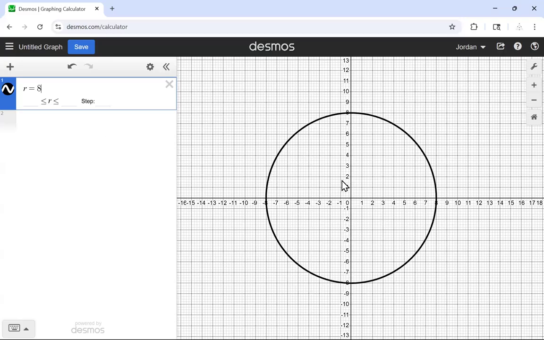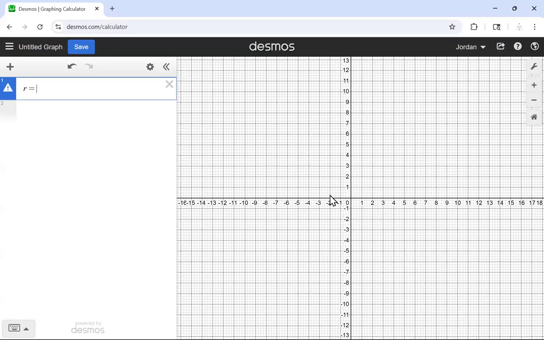So r equals 8 gives a circle of radius 8, and obviously we can change that circle to any radius that we want. If I put r equals a negative number, it's the circle of radius absolute value of that negative number.